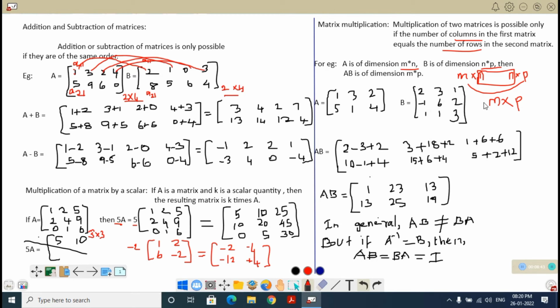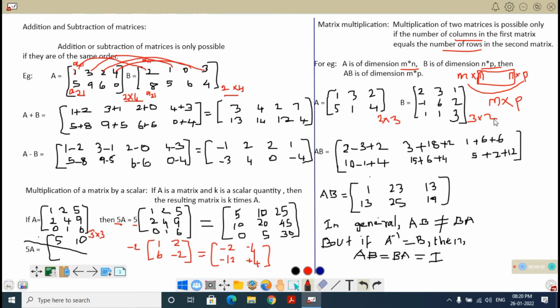Provided this condition, for example, this matrix A is of order 2 by 3, isn't it? 2 rows and 3 columns we have. And matrix B is of the order 3 by 3.